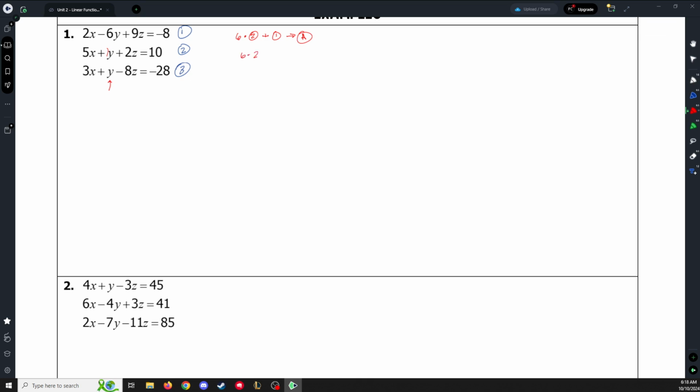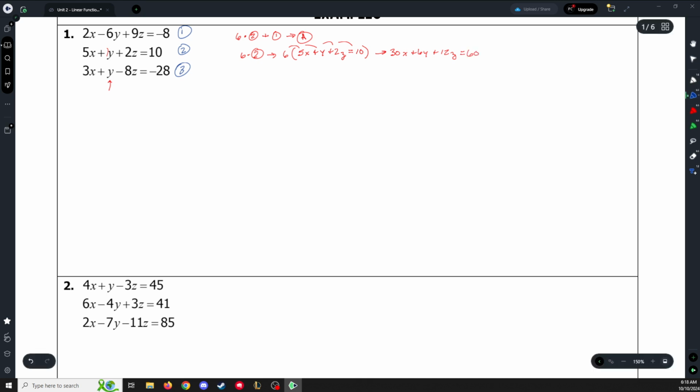6 times equation 2. This is going to be 6 times 5x plus y plus 2z equals 10. If I distribute that 6 through, it's going to connect all 4 of those pieces. That's going to give me 30x plus 6y plus 12z is equal to 60.